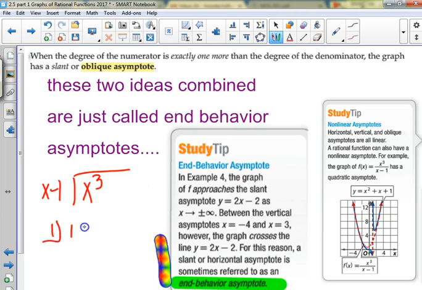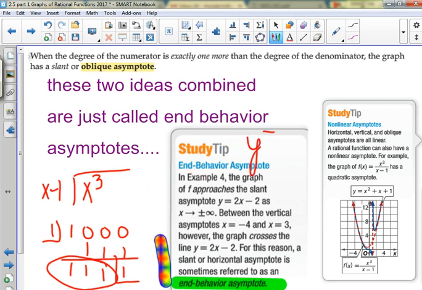It would be 1x cubed, 0x squared, 0x, and 0. Bring down the 1, multiply, add, multiply, add, multiply, add. What's this mean? The end behavior is approaching y equals x squared plus 1x plus 1. It looks like a parabola.